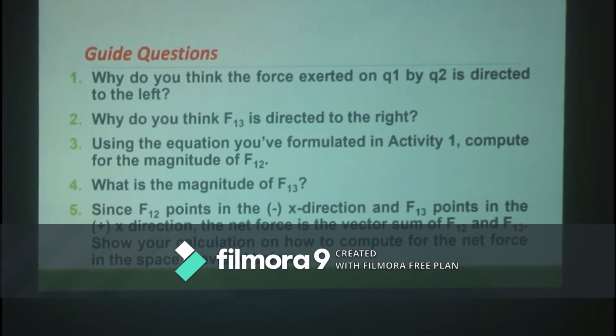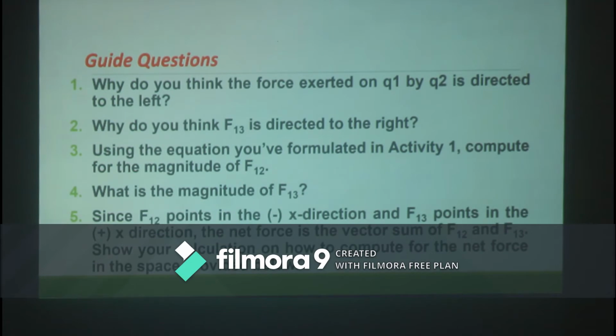Number 4, what is the magnitude of F1,3? And number 5, since F1,2 points in the negative x direction and F1,3 points in the positive x direction, the net force is the vector sum of F1,2 and F1,3. Now I want you to show your calculation on how to compute for the net force in your notebook.